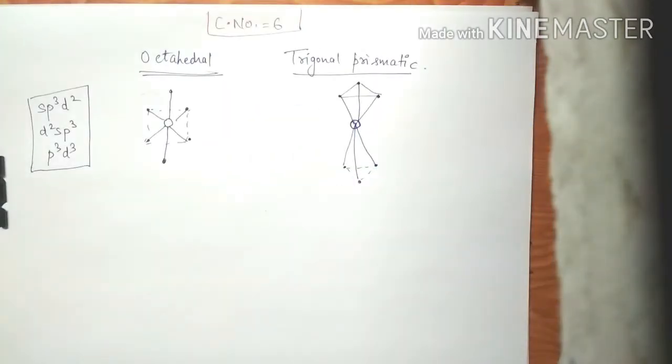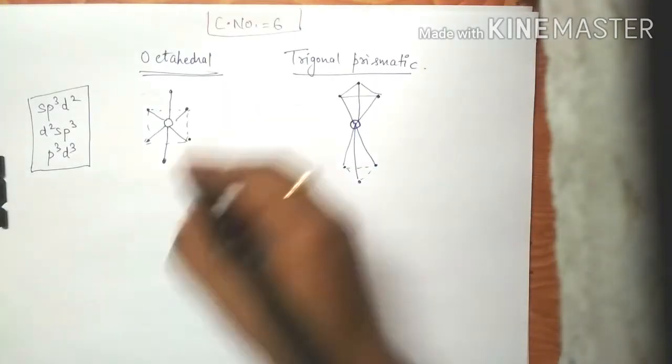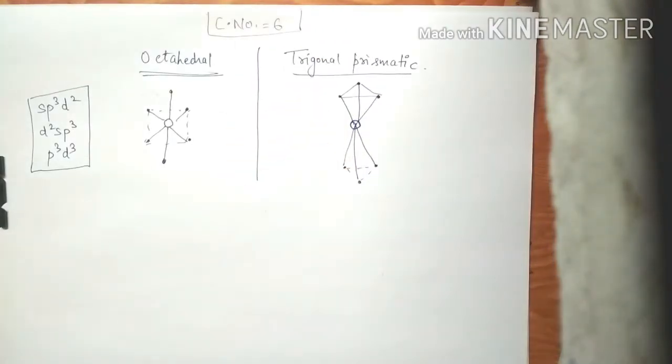They would rather prefer trigonal prismatic geometry. This is basically the basis by which you primarily decide whether the priority will be towards octahedral or trigonal prismatic geometry.